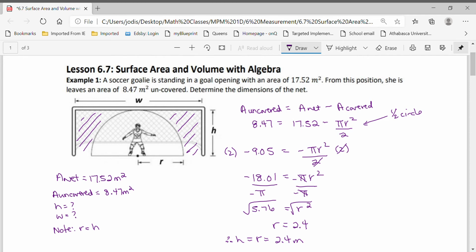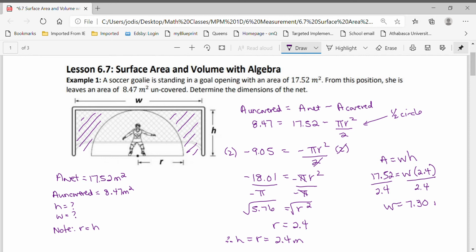All right, so the other thing that we have to figure out is the width. So area is going to equal this width times the height, and the area of our net was 17.52. We're looking for the width, and we just figured out what the height was. So all we have to do is divide both sides by 2.4, and then our width is 7.30.